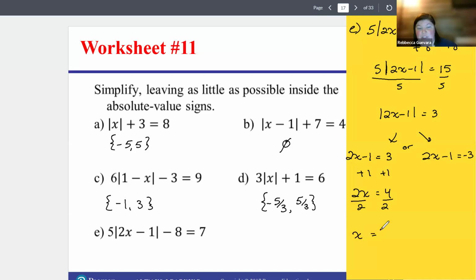We get x is equal to 2. The other side, we got 2x minus 1 equals negative 3. Add 1 to both sides. We get 2x is equal to negative 2. Divide both sides by 2. We get x is equal to negative 1. Negative 1 first, then the 2.